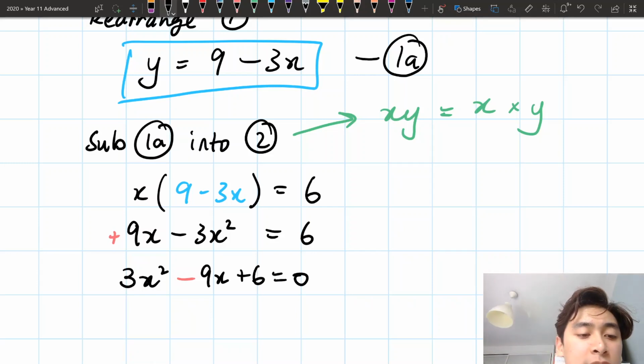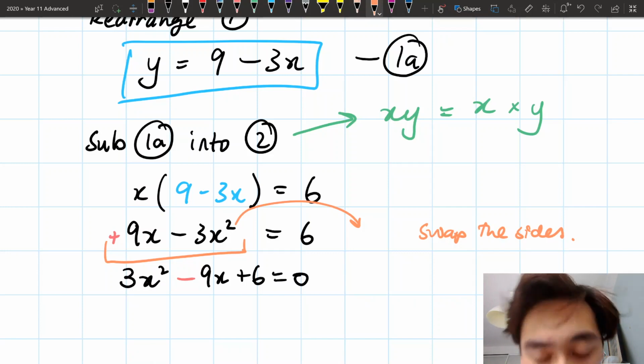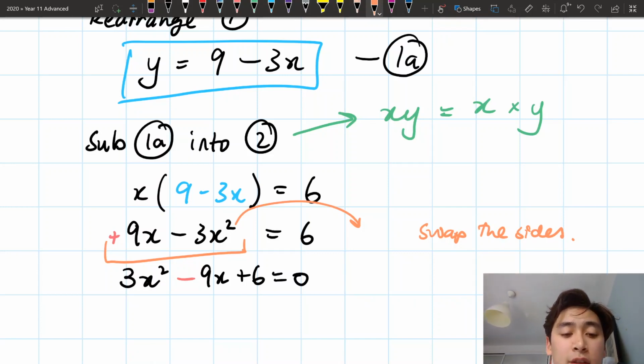What I've done is move everything to the right-hand side, then just swapped the sides. I'm lazy and I don't want to write additional steps. I apologize.